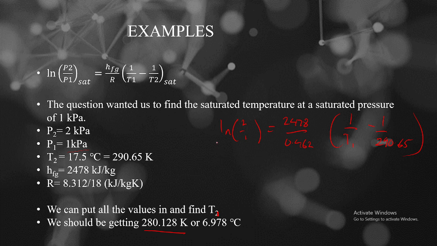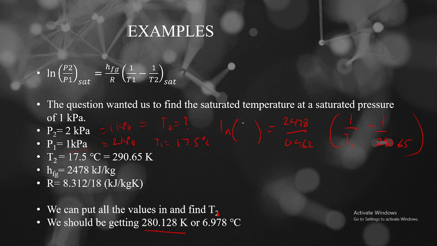Now, instead of making P2 the 2 kilopascal and P1 the 1 kilopascal, I could have rather made P2 the 1 kilopascal and P1 the 2 kilopascal. All that it means is that my T1 is now going to be the saturation temperature for 2 kilopascal, and then my T2 is now going to be my unknown.